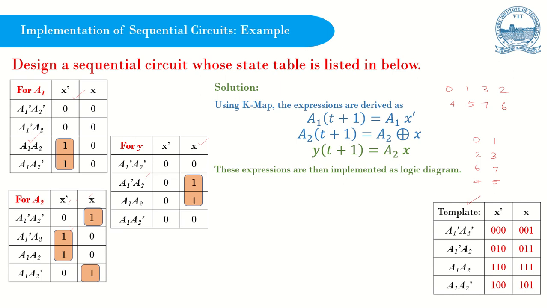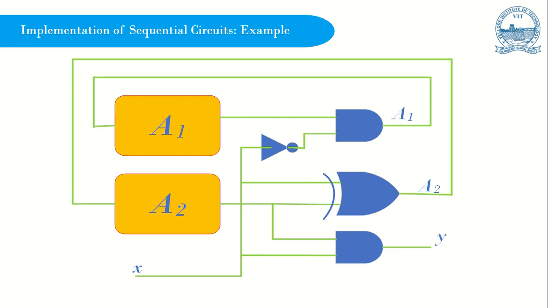Since we got all these expressions, we can implement this using a logic diagram. And a register is represented as a simple block over here, because a register is basically a D flip-flop. Whatever input you apply, the same will be the output. So A1 of t plus 1 is A1 x bar, and A2 of t plus 1 is A2 XORed with x.